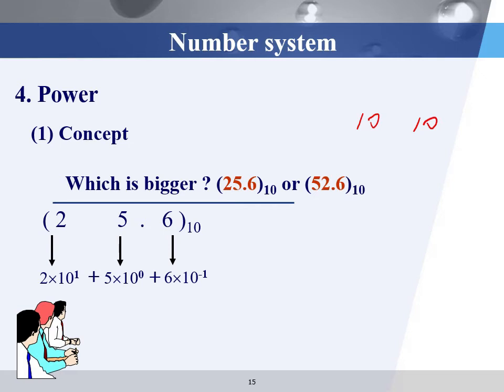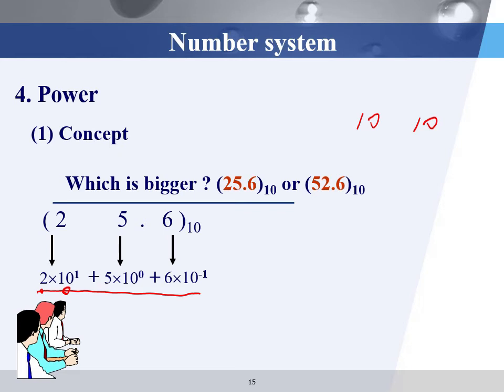So before we talk about different number systems, let's look at this example. It's quite easy to know 52.6 is greater than 25.6, right? Because they are all in decimal. And we have to calculate the real value of this number by using this way. So 2 here means 20 because the power for this position is 10.